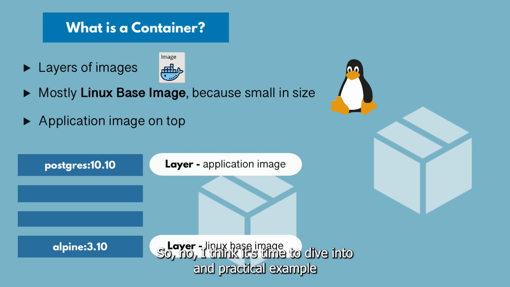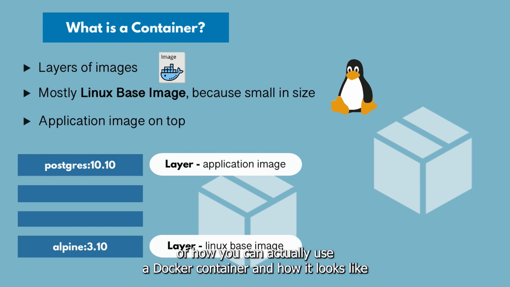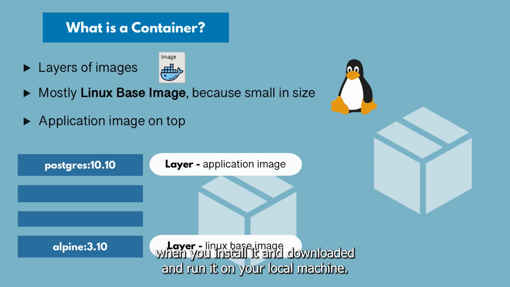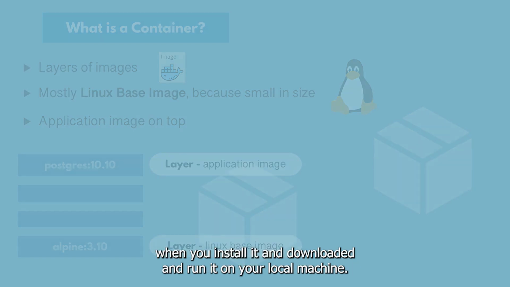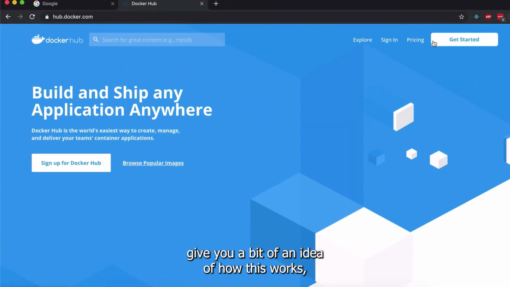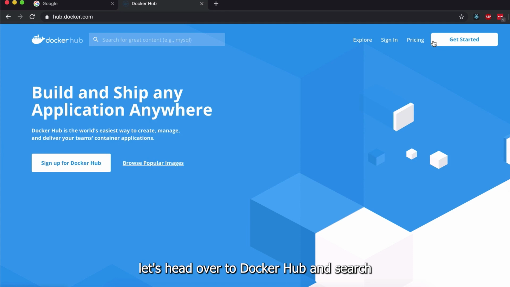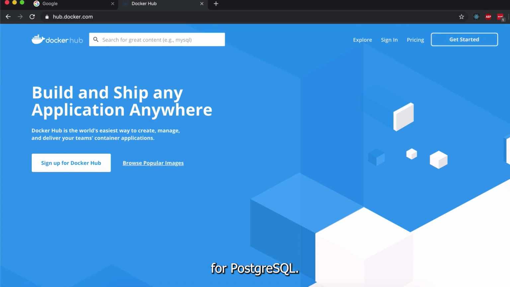So now I think it's time to dive into a practical example of how you can actually use a Docker container, and how it looks when you download it and run it on your local machine. To give you an idea of how this works, let's head over to Docker Hub and search for PostgreSQL.